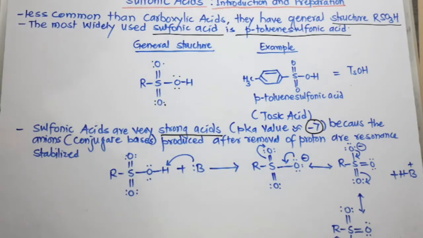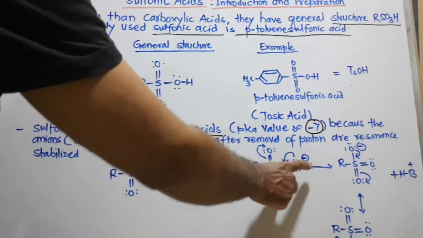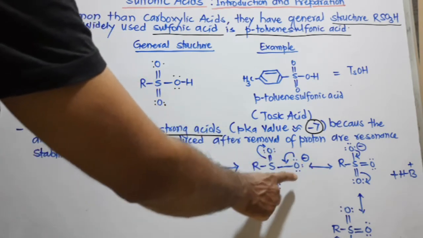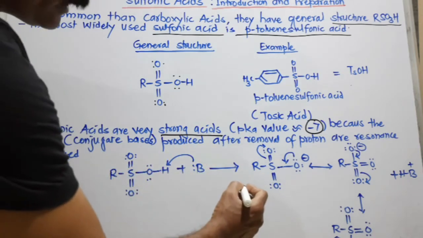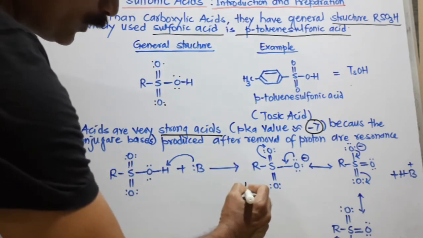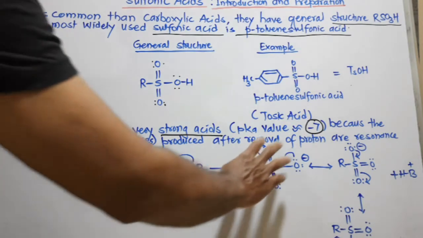So actually this is unstable because of the negative charge, but this negative charge is distributed among three oxygens. Each oxygen is now carrying one-third negative charge, which is obviously less than one. Because of that, this is more stable.